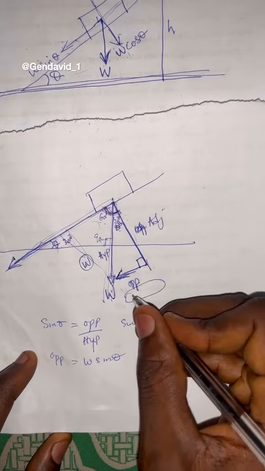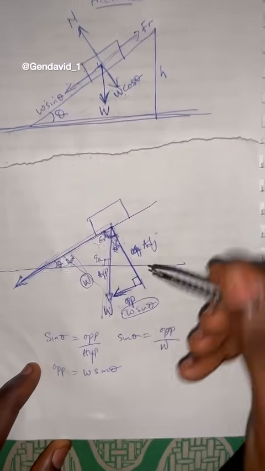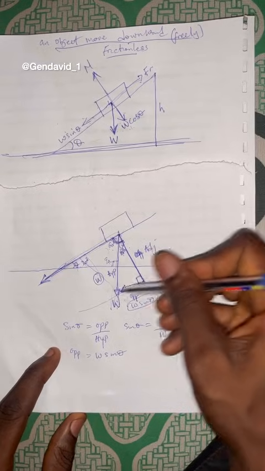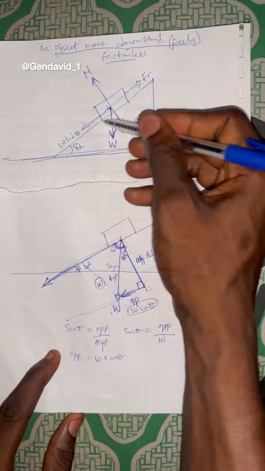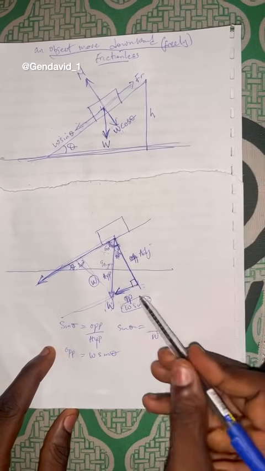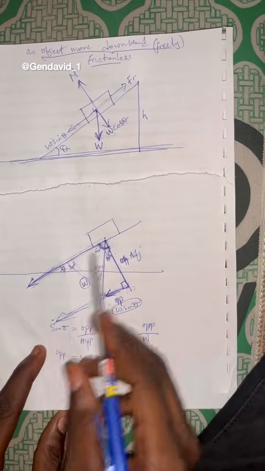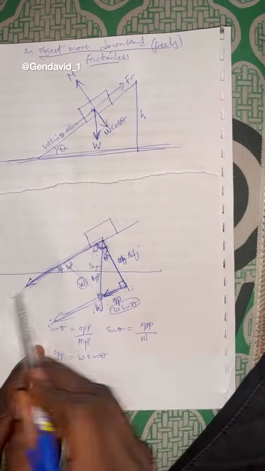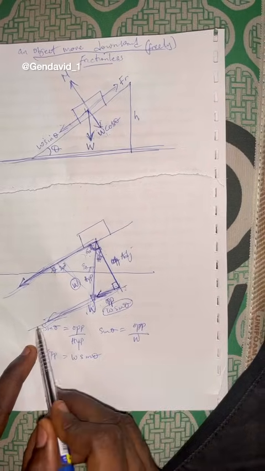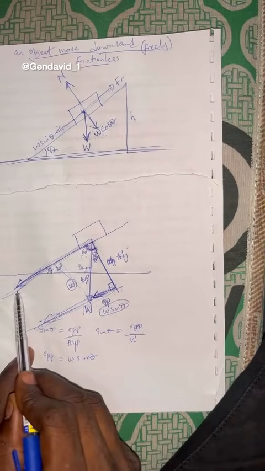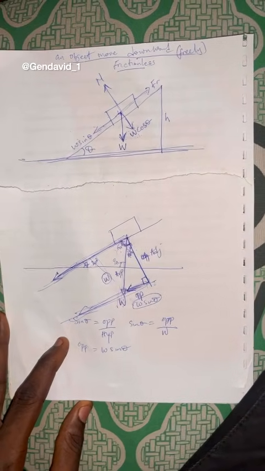So this opposite here is W sin theta. And that is why what we have here, W sin theta, is the same as what we have here, because this line here is the same as the line here. So the force that moves down the plane is the same as this. If this one is W sin theta, this side will also be W sin theta.